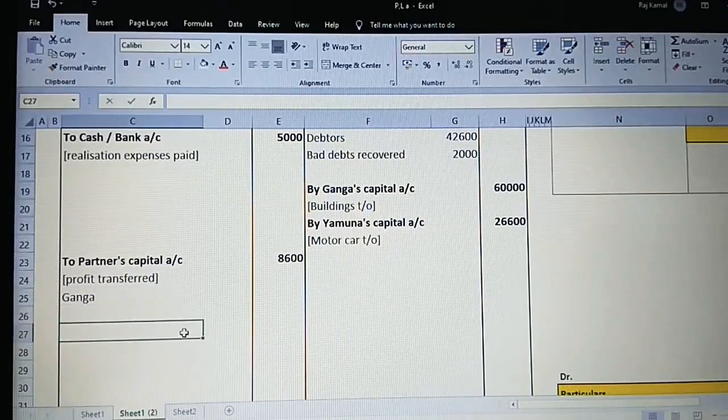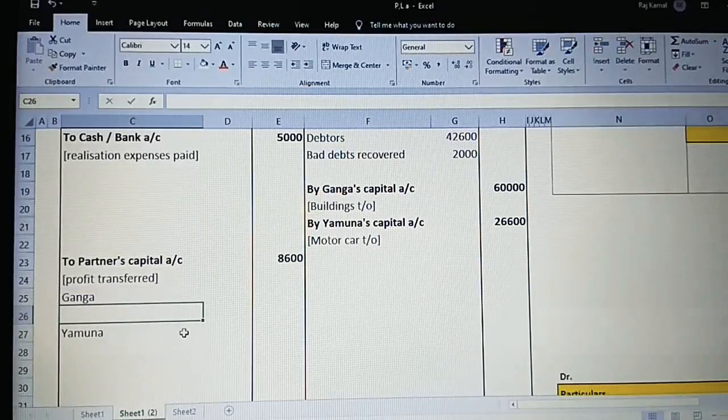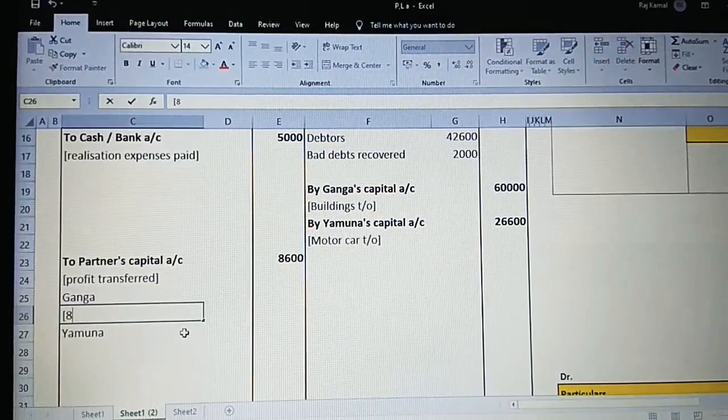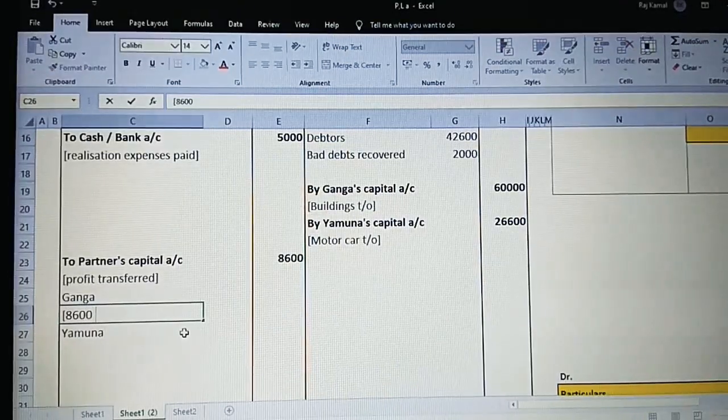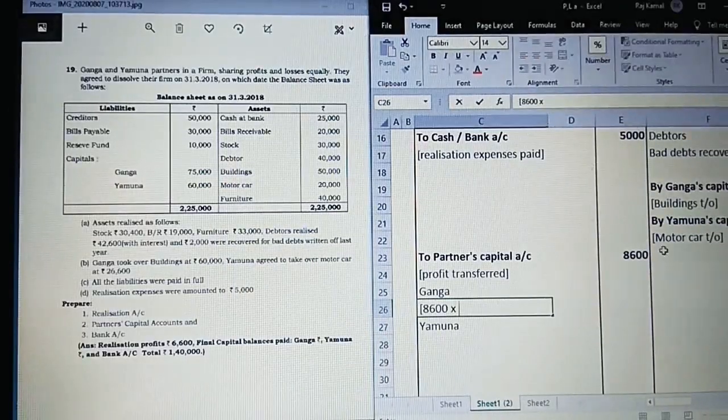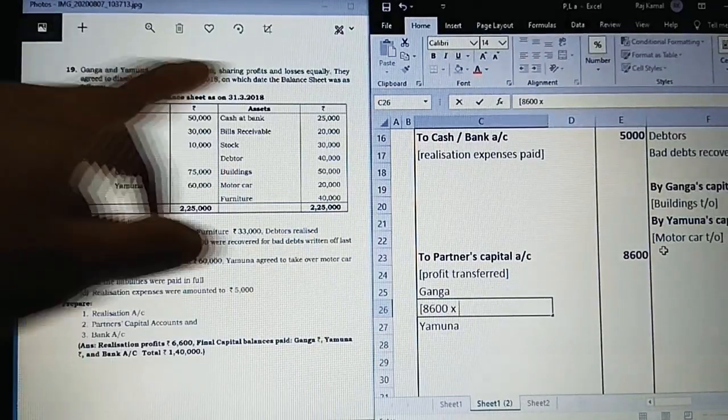Ganga and Yamuna. So for Ganga, it's going to be 8,600 into, what is the ratio? They are equal partners, is it? Let us just observe. Equal. They are equal partners.